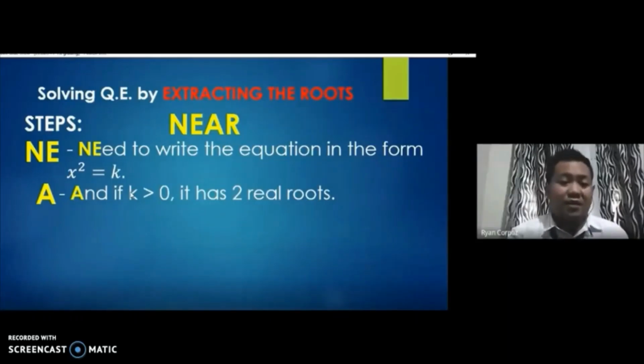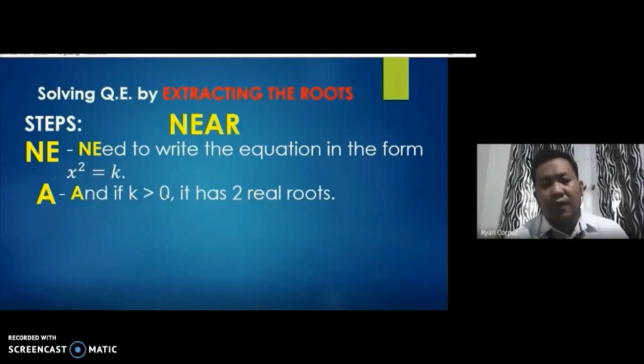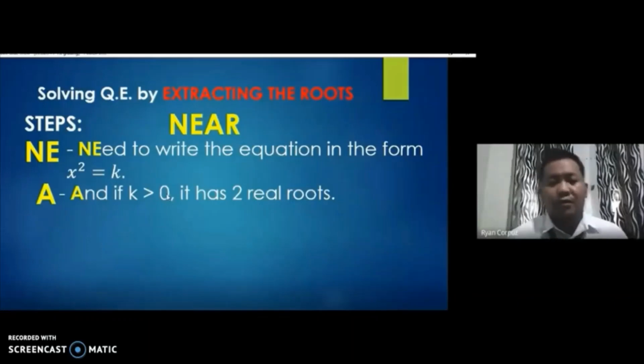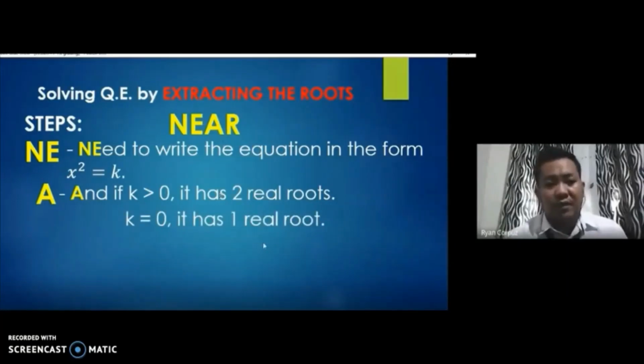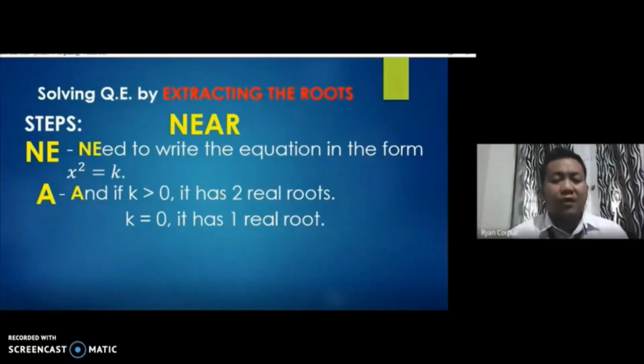If you have written the equation in the form x squared is equal to k and you find out that your k is greater than 0, a positive number, then the given quadratic equation has 2 real roots. But if your k is equal to 0, for example, x squared is equal to 0, then it has 1 real root.